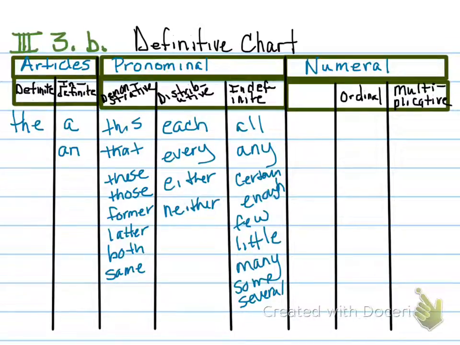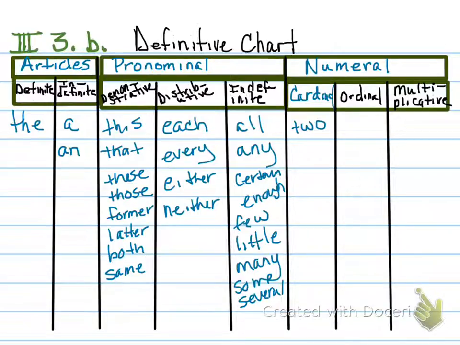They're indefinite. And then lastly, on our big definitive chart is our numeral adjectives. In those subcategories, we have cardinal, we have ordinal, and we have multiplicative. Yes, those all sound like numbers. Yes, that's what they're dealing with. Those are the adjectives that describe how many of the noun. So it could be words like two.